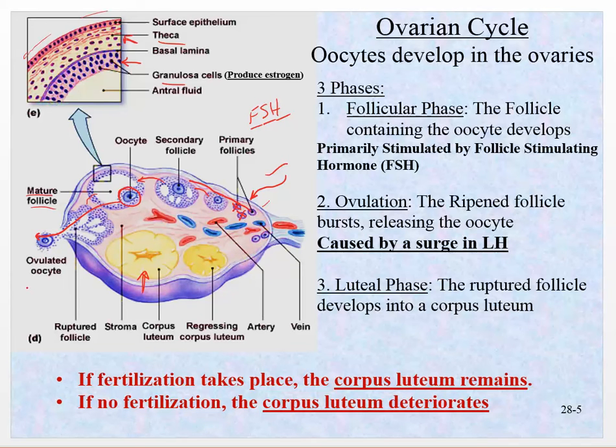That is ovulation, which is the second phase. The ripened follicle bursts, and that releases the oocyte. When it bursts, it actually releases prostaglandins. It's an inflammatory response, and so it causes temperature to rise.